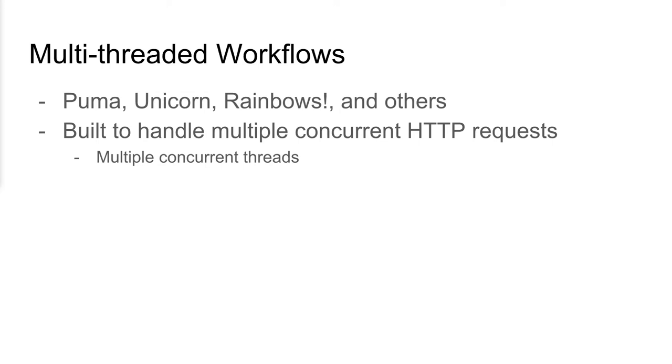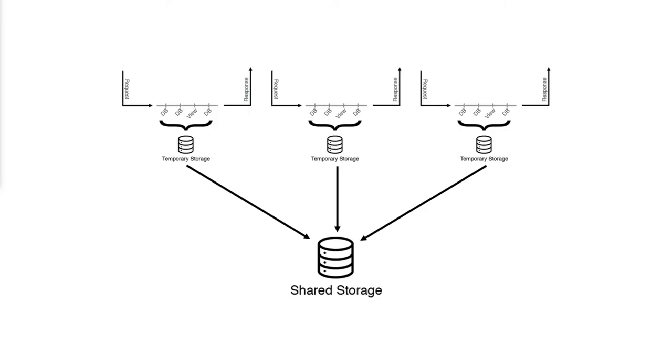They operate by handling separate requests in multiple threads. So here's an example of how that's going to need to operate. We have multiple requests being handled at once, each on their own individual thread, and with their own individual storage structure initialized.